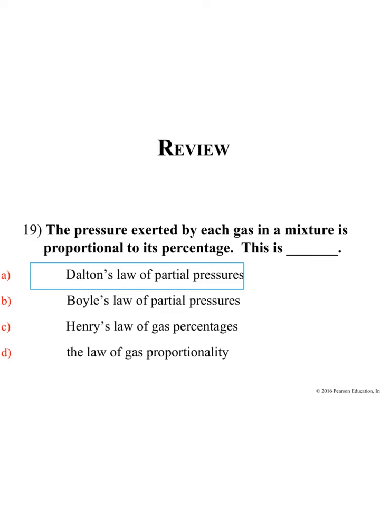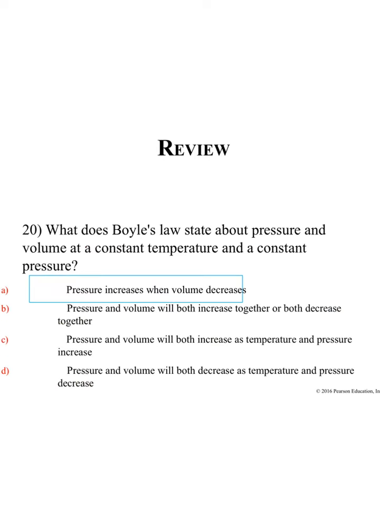Okay, so some review. Pressure exerted by each gas in the mixture is proportional to its percentage. That's talking about partial pressure, so that's going to be Dalton. Boyle's, again, is volume and pressure. Henry's is the solubility of the gas.